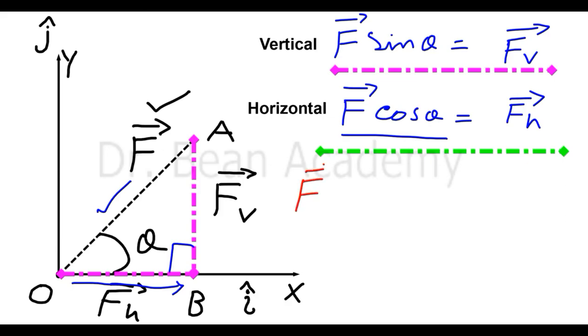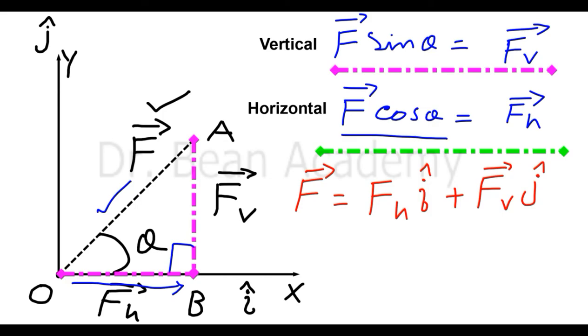F is equal to F_H, and I can write it along the i unit vector, plus F_V along the j unit vector. So this equation tells us that vector F is split into two components or parts.